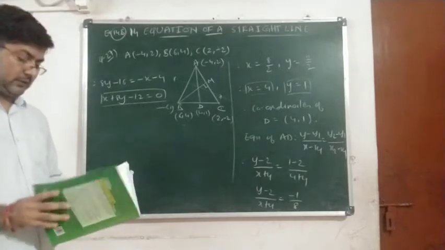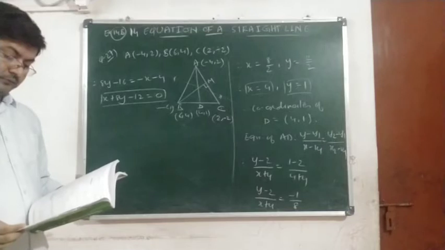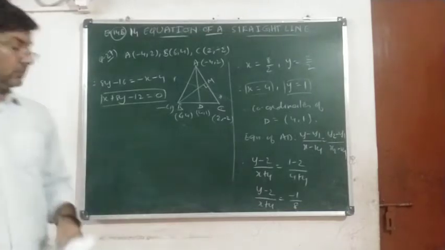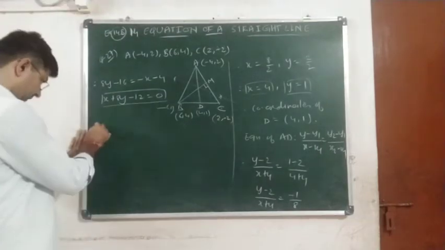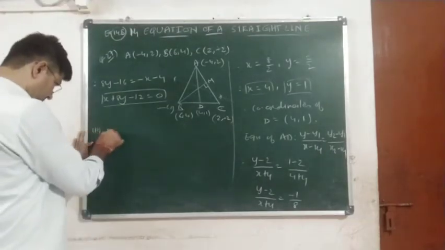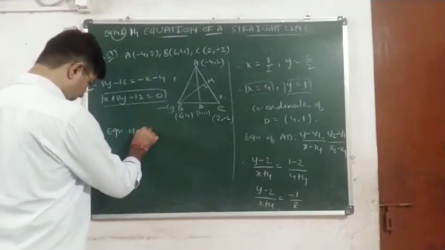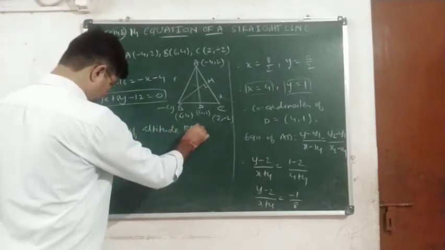Question number 27, first answer: x plus 8y equals 12. Now for the second answer, we have to find the equation of altitude BM. Number 2, we have to find the equation of altitude BM.